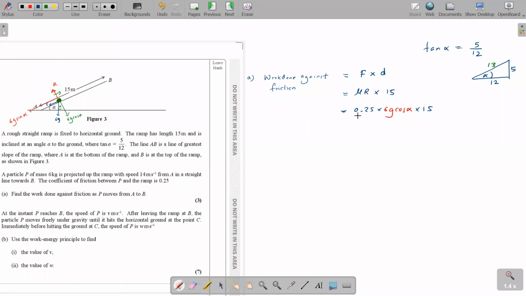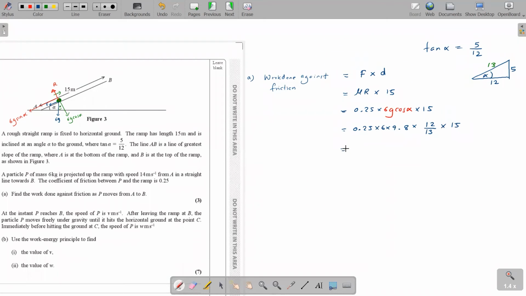So let's input the values now: 0.25 into 6 into g, which is 9.8, into cos alpha, which is adjacent over hypotenuse, 12 over 13, into 15.